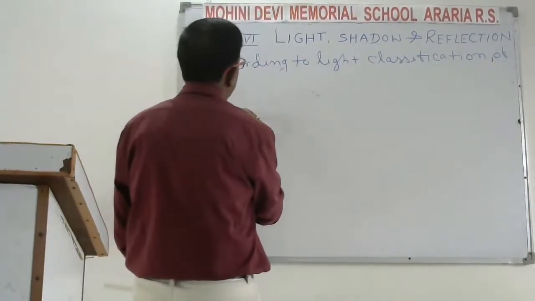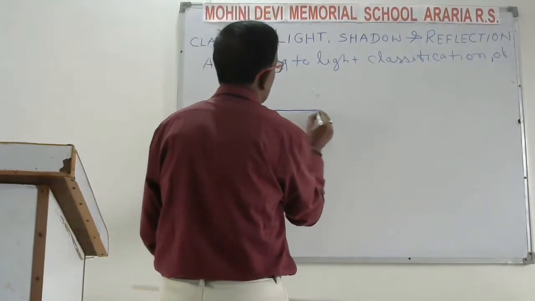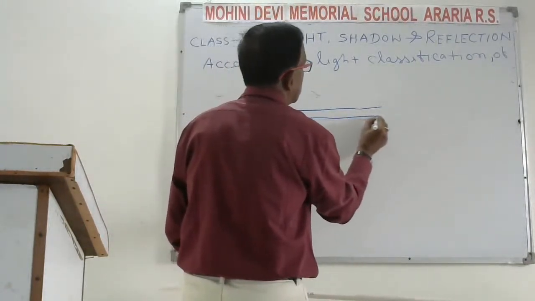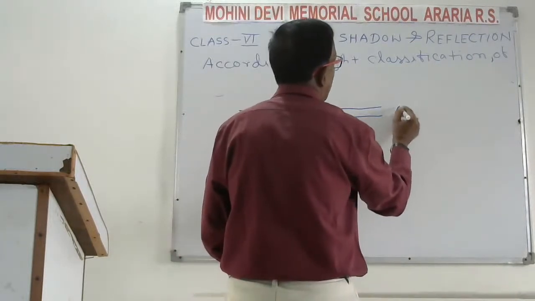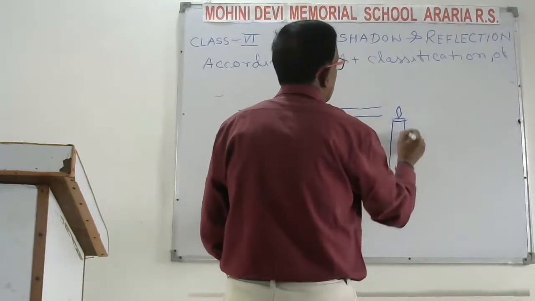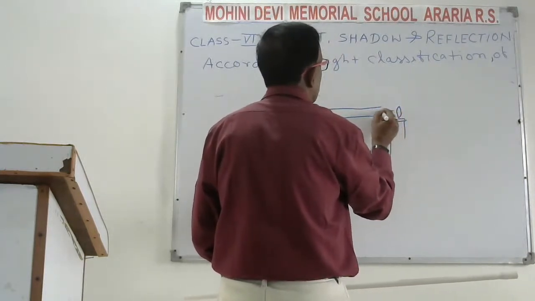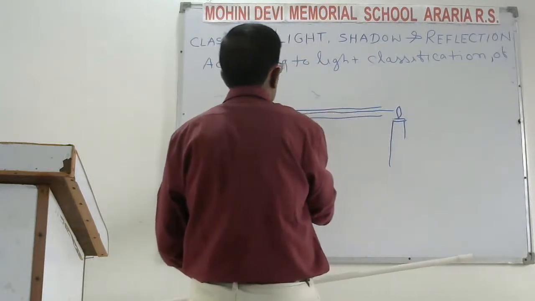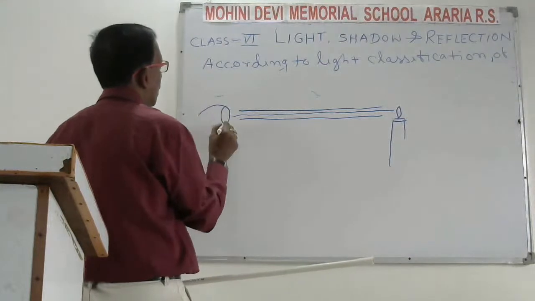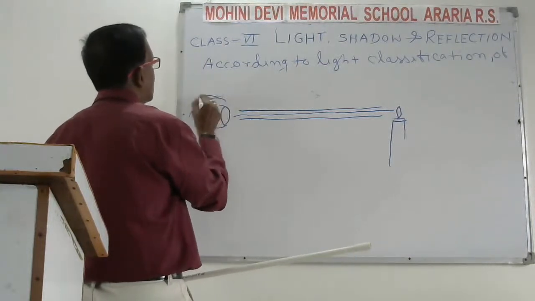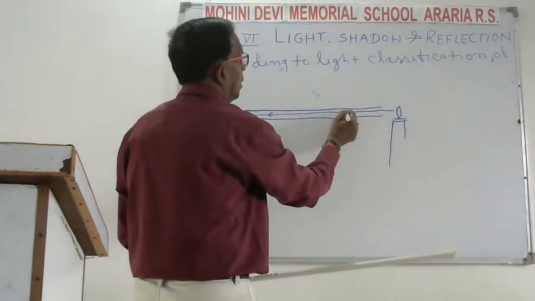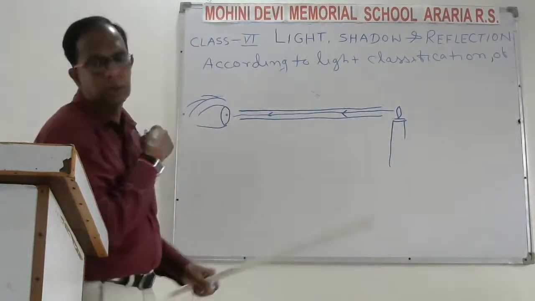When the pipe is straight, and a candle is burning here, suppose the light starts from here and goes along a straight path, and here is your excellent eye. You are able to see the candle because the path is straight.